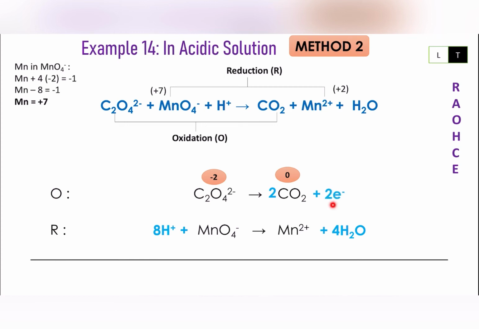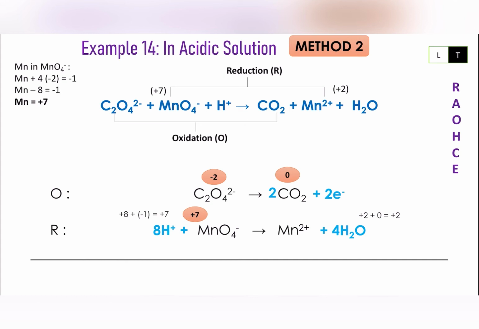Next one, go to the reduction. I have positive 8 for this one, and I have negative 1 for MnO4-. So the total charge for the left side of reduction is positive 7. However, for the right side, we have positive 2 for Mn2+ and 0 for H2O because it's a neutral compound.